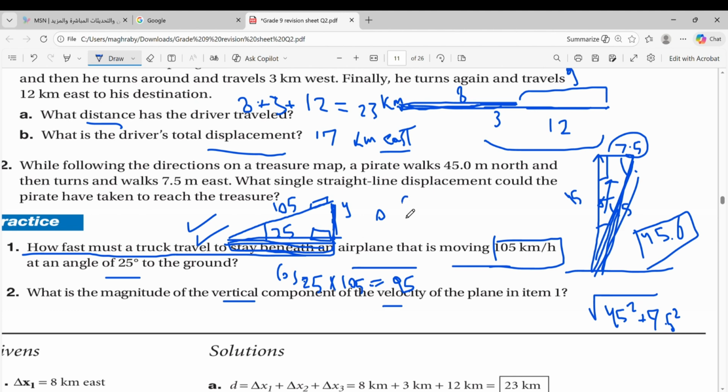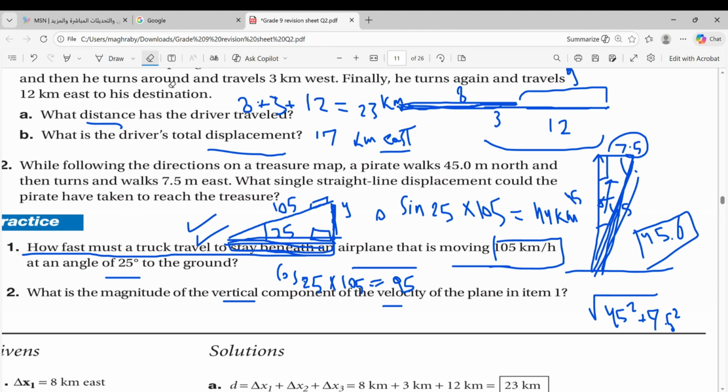So sine of the angle, 25, sine 25 times the vector. The vector is 105. Okay, so sine 25 times 105 is equal to 44. So the answer will be 44 kilometers per hour. Okay, that's fine.